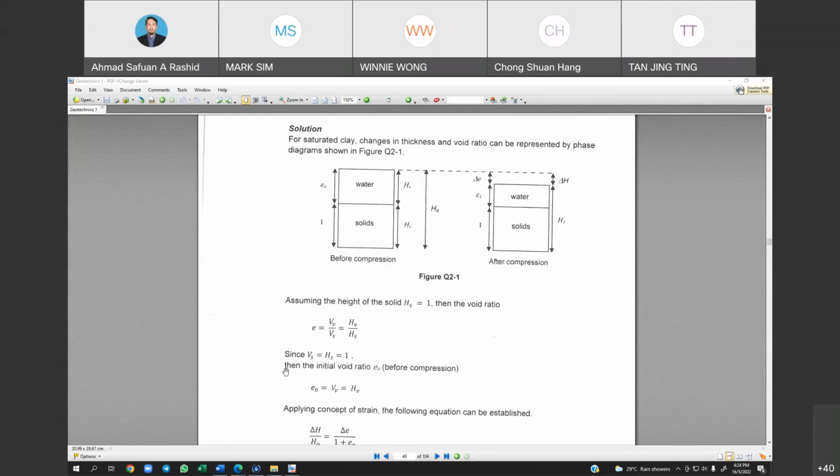Then the initial void ratio is equal to VV and also equal to HV before compression.